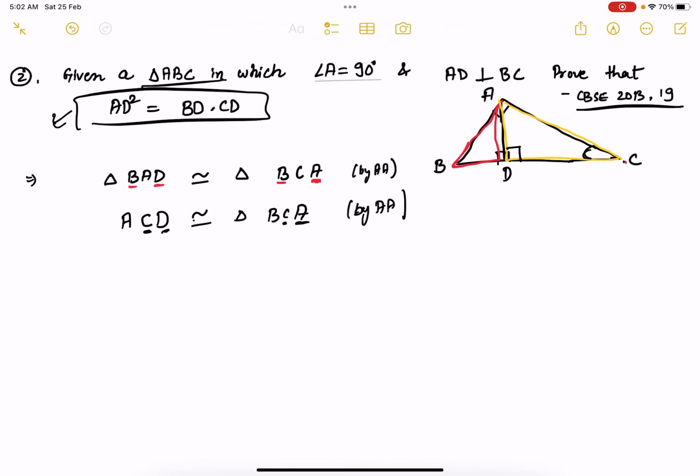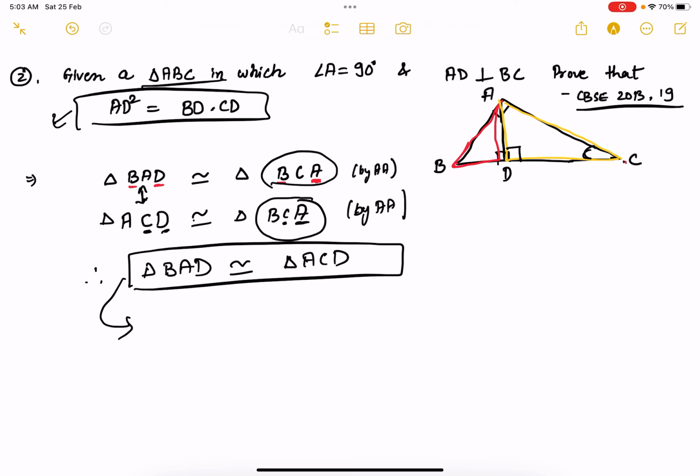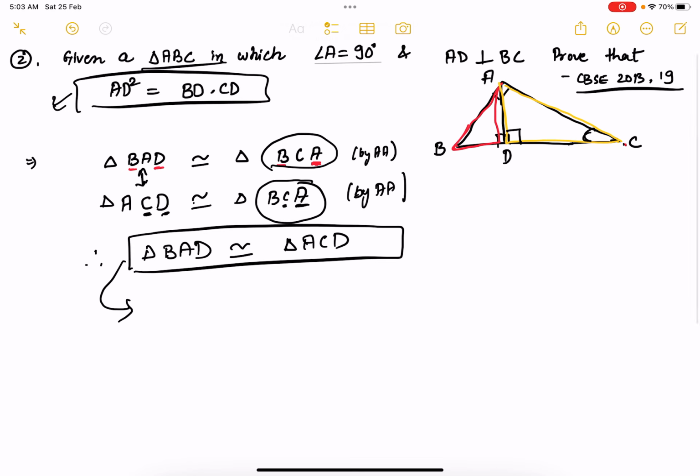As both these triangles are similar to triangle BCA, we can say these two triangles are also similar. That is, triangle BAD is similar to triangle ACD. As they are similar, their sides are proportional.